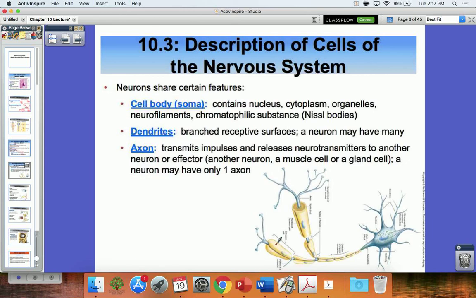So now we're going to talk about, again, that main player, the neuron, and the different parts of that specific type of cell. If you remember, we already know what a cell looks like. We know parts of the cell, we have a nucleus, and we have a cell membrane, and all of that. And we also know that certain cells are very specialized. For instance, the muscle cell is very specialized for a muscle.